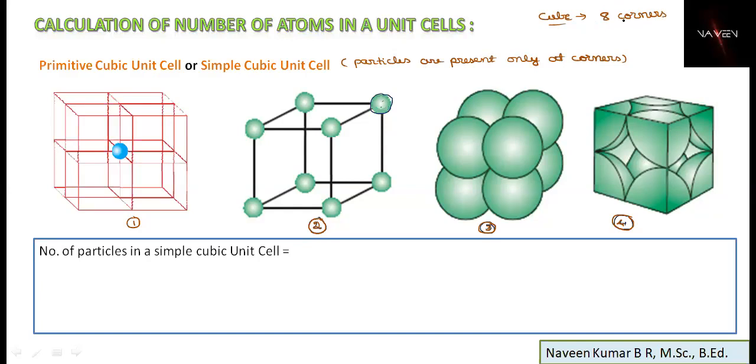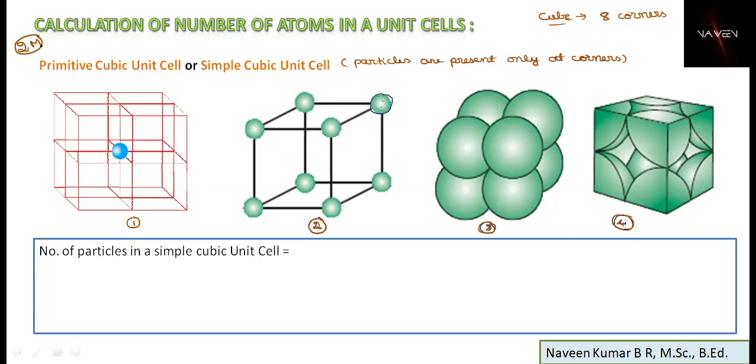And now we need to understand, is every corner particle contributed to that unit cell, either entirely or a part? That is the actual understanding of the number of particles in a cubic system. So this is a very important topic for the 2-mark calculation questions.